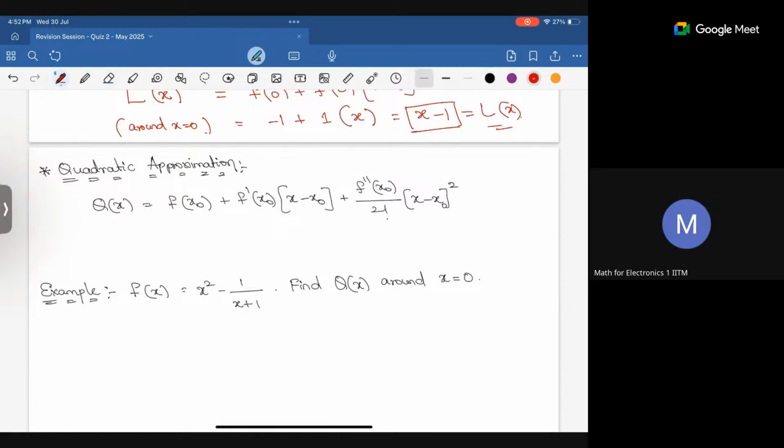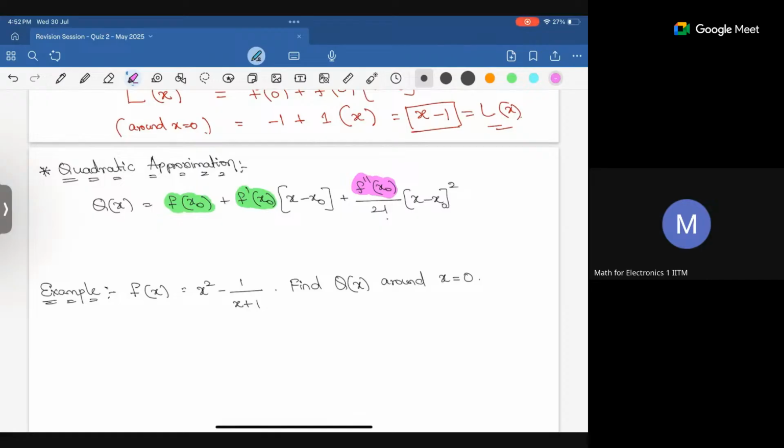Right, so quadratic is a better approximation, but the cost is you have to compute more compared to the linear approximation. For quadratic, we need f of x naught, f prime of x naught, just like for linear approximation. Along with these two, we also need f double prime of x naught.